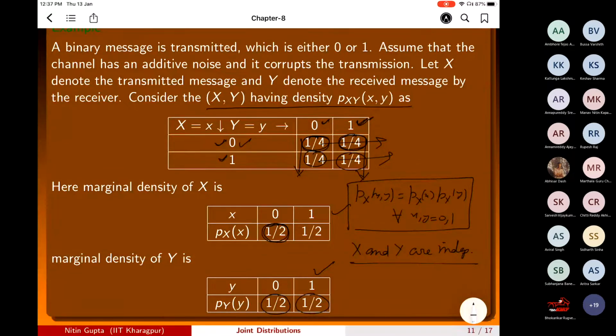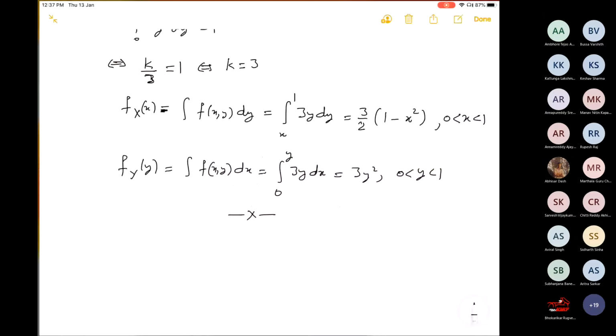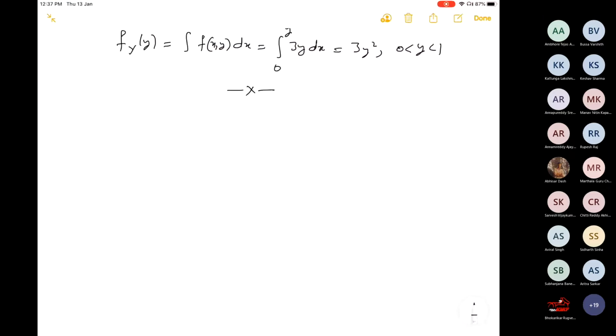Now let us see another example. Let us take f(x,y) as 6 x square y, where x is between 0 to 1 and y is between 0 to 1. What is the marginal distribution of x?